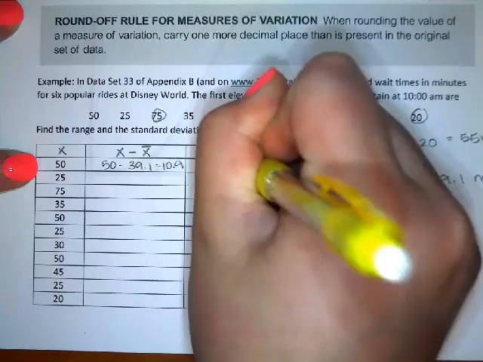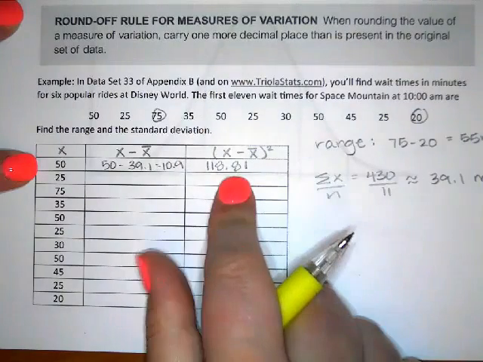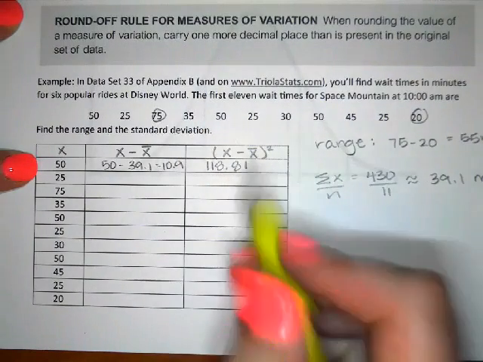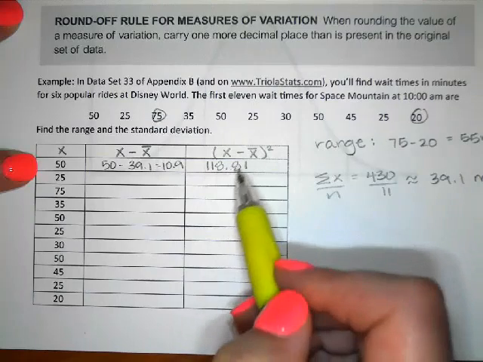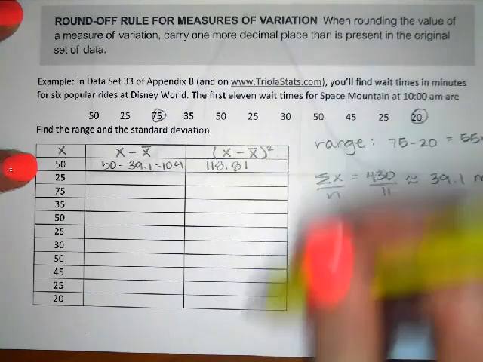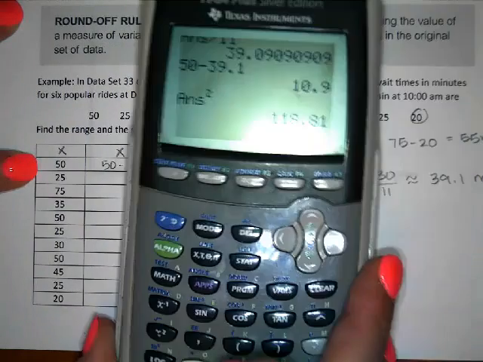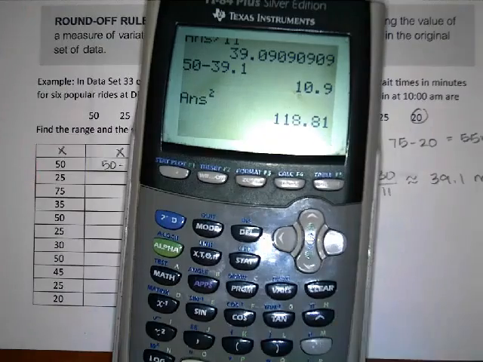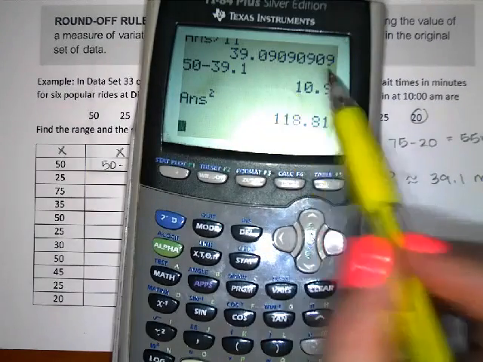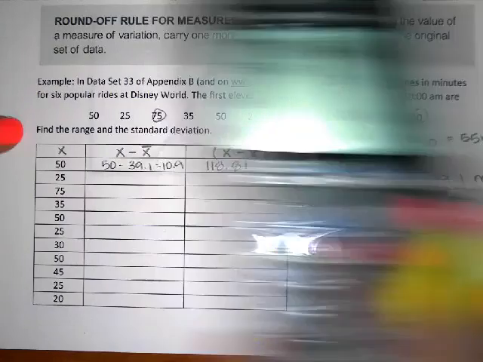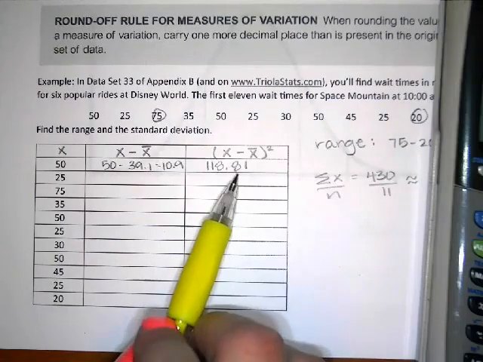And here I'm just leaving the 118.81 because this is an intermediate step, and I'm just going to use that when I add up my sum. So here I'm rounding to one decimal point, just as a way of not writing down everything. But here, I can write down the decimals, and that won't take me extra work.